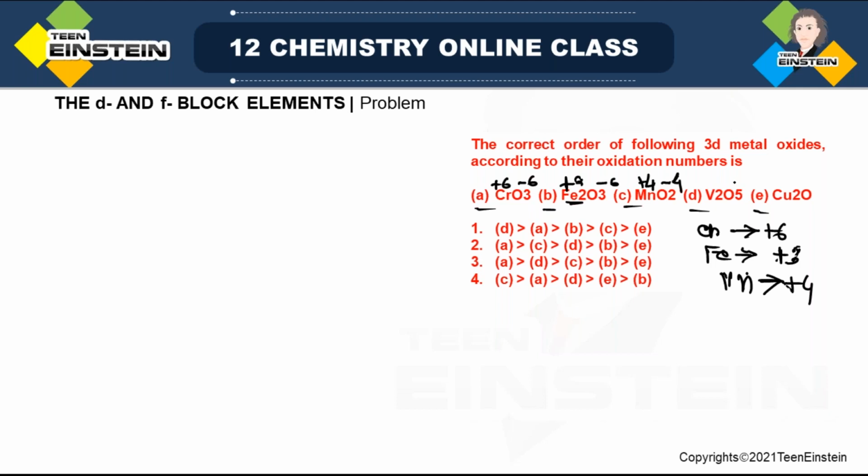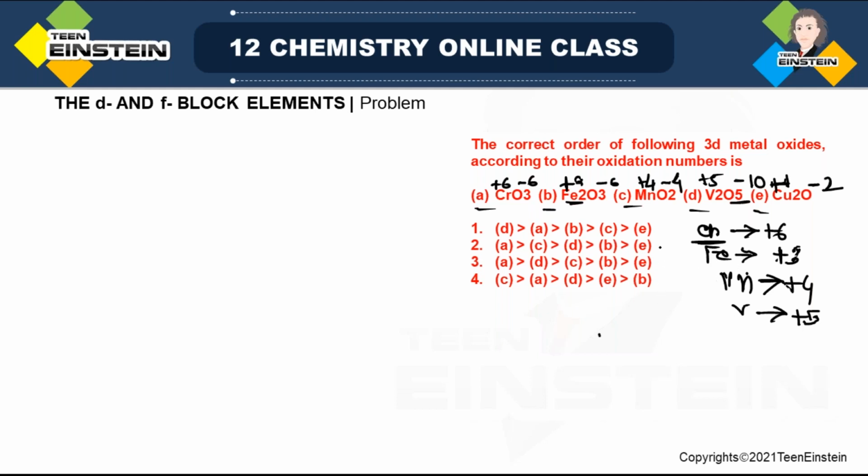Total negative charge for V2O5: for each oxygen -2, 5 oxygens it is -10, so per vanadium it will be +5. Vanadium has oxidation state +5. And then for copper, total negative charge is -2, so per copper it will be +1. So here the maximum oxidation state we find is for chromium, that is +6. After that it will be vanadium, then Mn and iron, and at the lowest there will be copper.